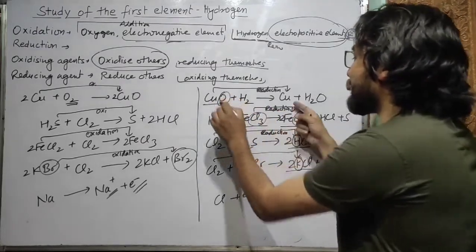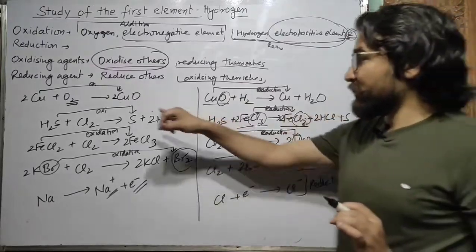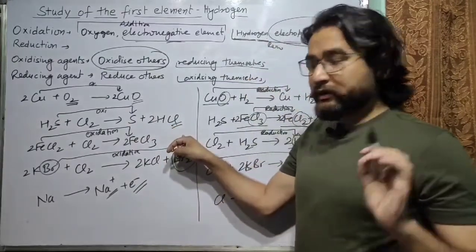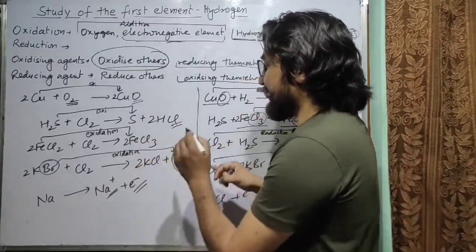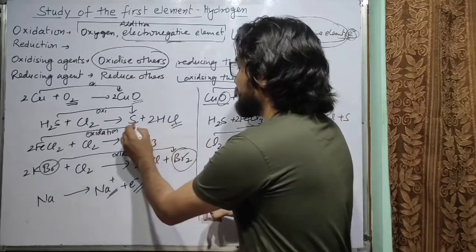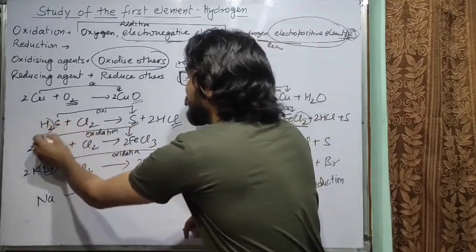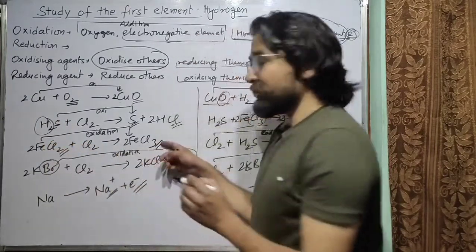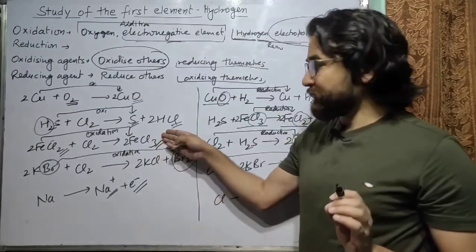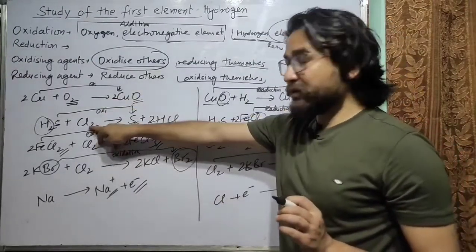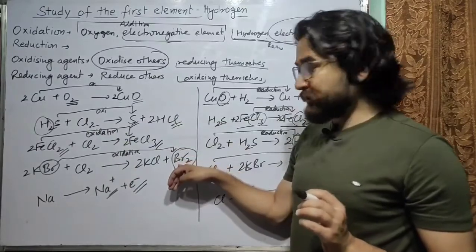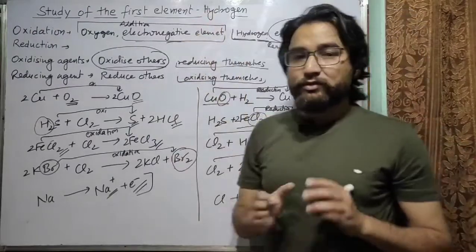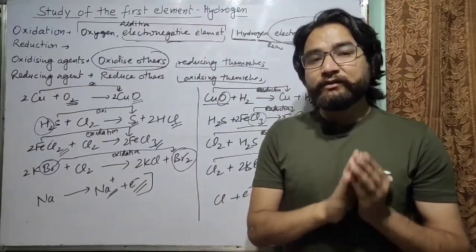Or removal of oxygen is reduction, while oxidation is addition of oxygen, addition of any other electronegative element, removal of hydrogen, or removal of electropositive element, or removal of electron. That's all is oxidation. So you have to remember the definition of oxidation and reduction.